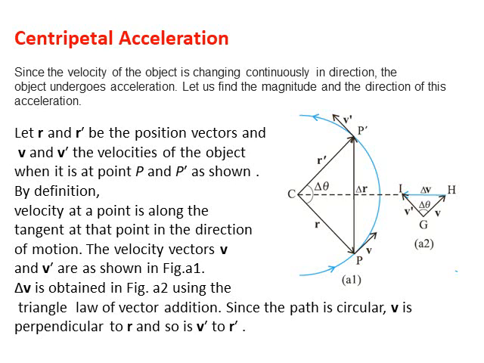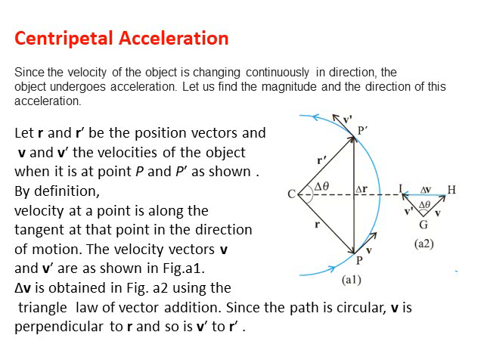You know that the velocity at a point is along the tangent at that point in the direction of motion whenever the motion is curved. The velocity vectors V and V dash are tangent at the points P and P dash and perpendicular to r and r dash.